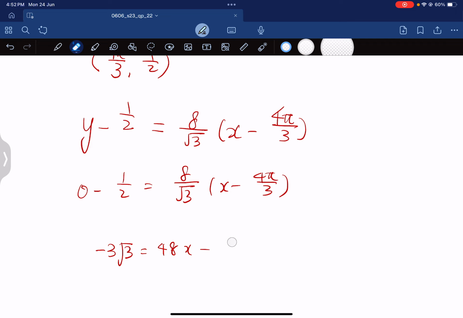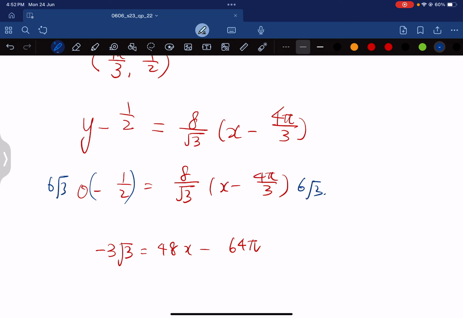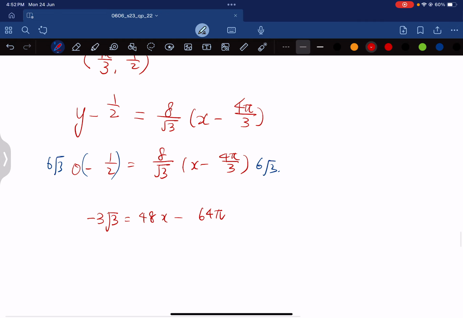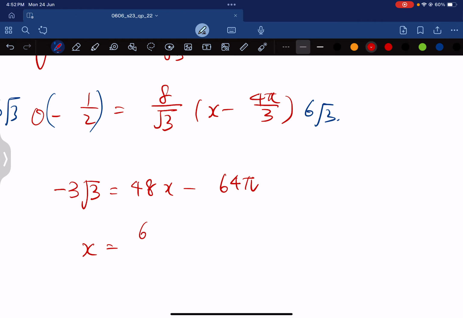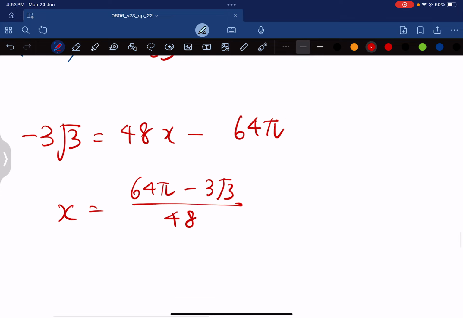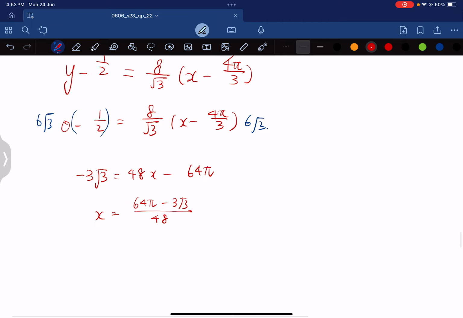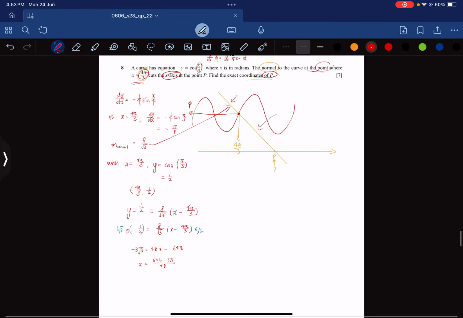This is 64 pi, right? We times 6 root 3 on both sides. Yes. Okay, so x would equal 64 pi minus 3 root 3 over 48. Yeah, I guess this would be the x coordinate of the point P, right?